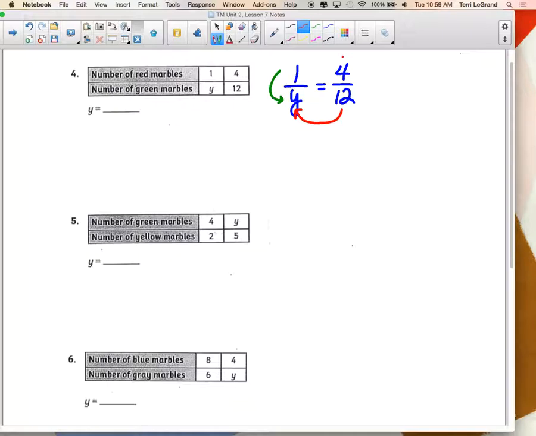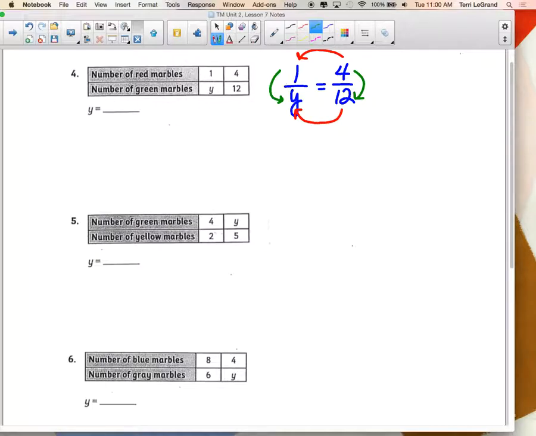So which one's going to be the friendliest? Does it matter this time? It does? If we go from 4 to 12, what are you going to do? Multiply by 3. If you go from 4 to 1, the red arrow, what are you going to do?